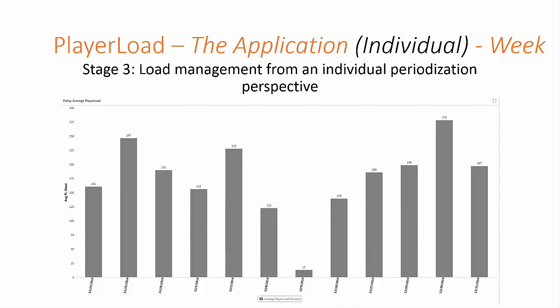Instead of breaking it up per period, where have they been in the last 21 days? So we're able to see, okay, it looks like we essentially gave them the day off here, and then we started to ramp up again, and we hit a peak here, and then we came back down.